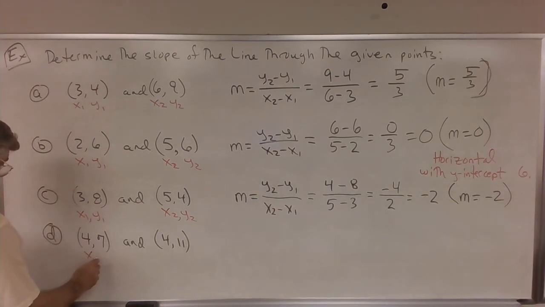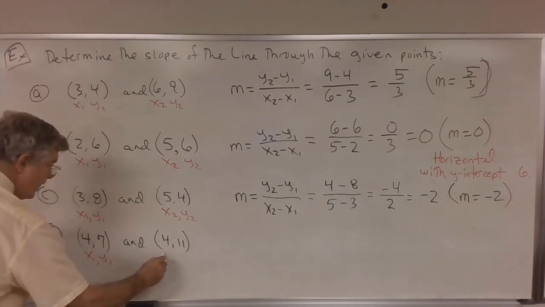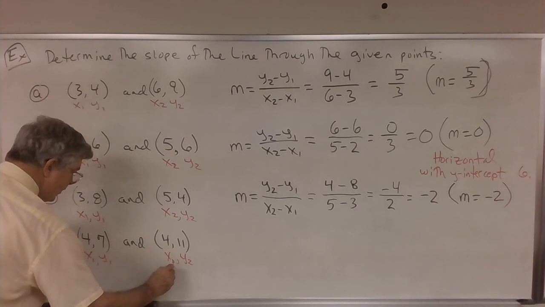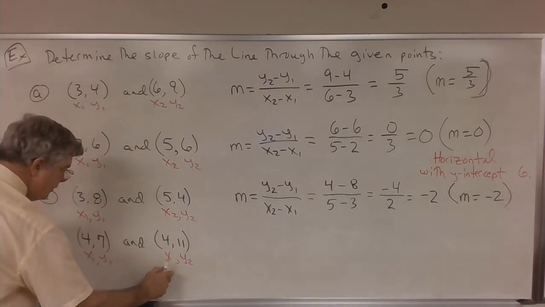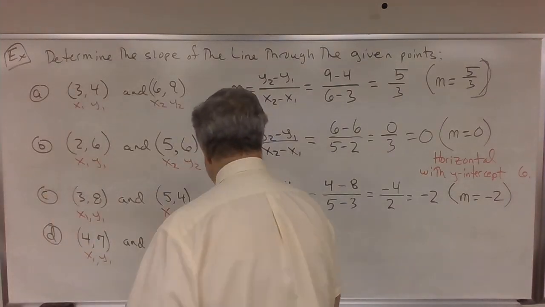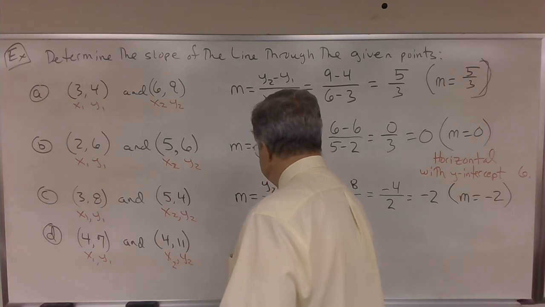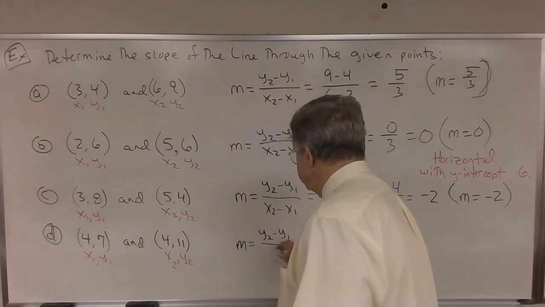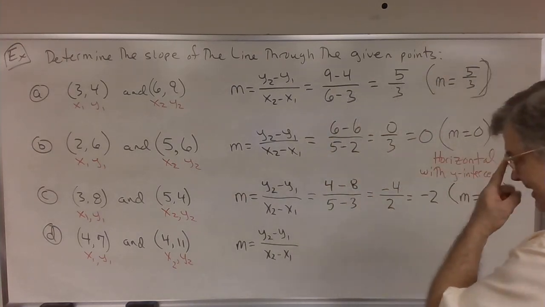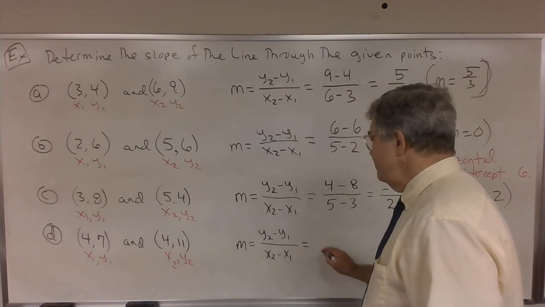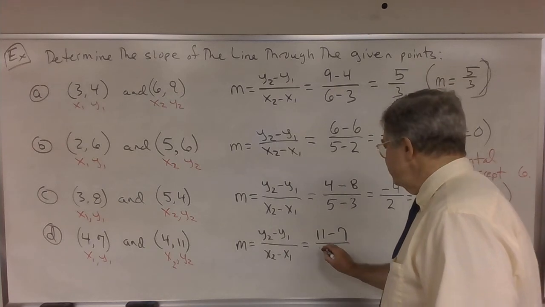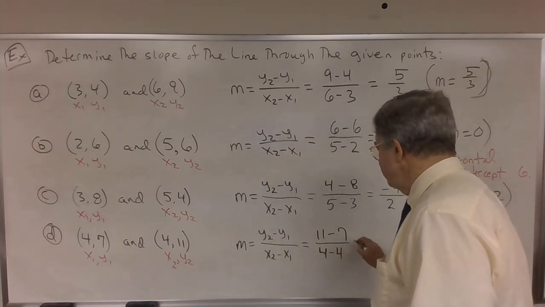One last example. 4, 7 and 4, 11. So this is x2. And slope is m equals y2 minus y1 over x2 minus x1. y2 is 11, y1 is 7, x2 is 4, x1 is 4.